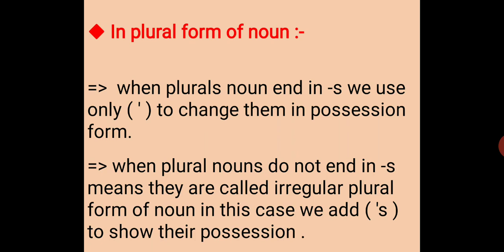Some nouns do not end with s. For example, child, children, foot, feet, etc. In these cases, we use apostrophe and s both to show their possession.